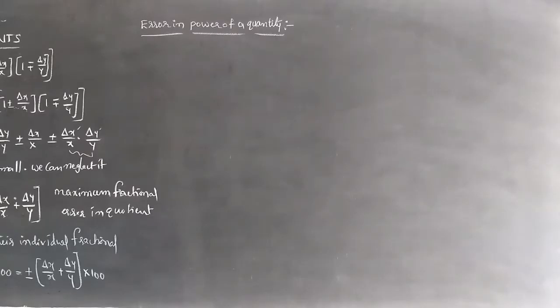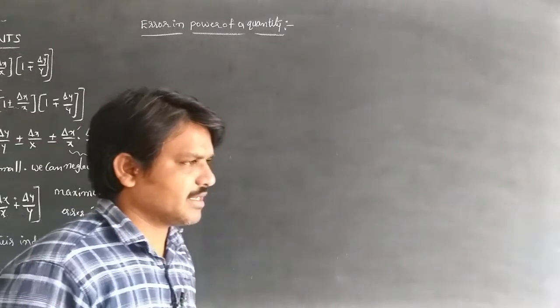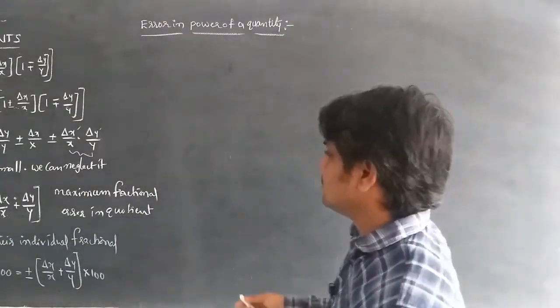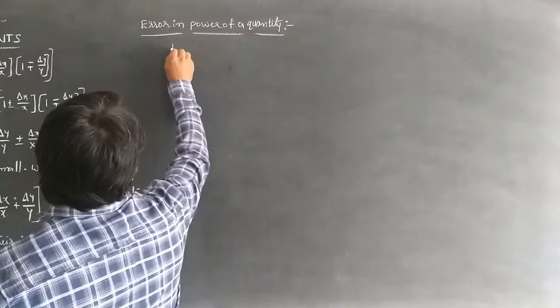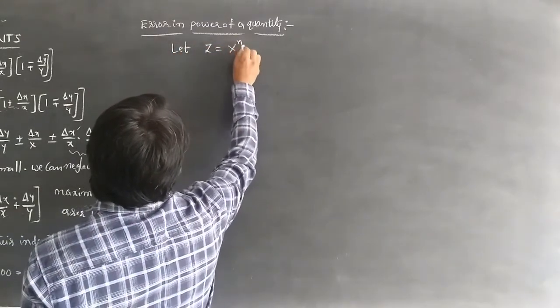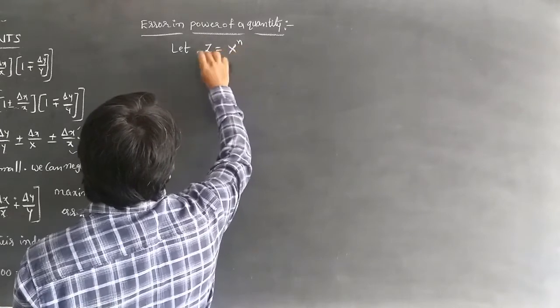And error in the power of a quantity. For the error in the power of a quantity, we take the general expression: let z is equal to x power n. This is to know the power of a quantity.